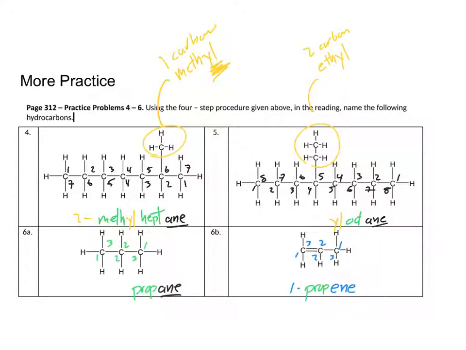I'm going to put the name for the branch, which is ethyl, since it's 2 carbons long. So it's an ethyl octane. And we have to tell the world where it is. Because the branch is located either on the 4th or the 5th carbon, we're going to count closest to the beginning of the chain. So it's a 4-ethyl octane.